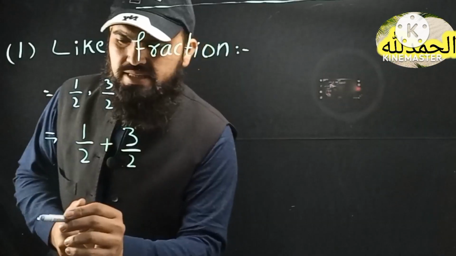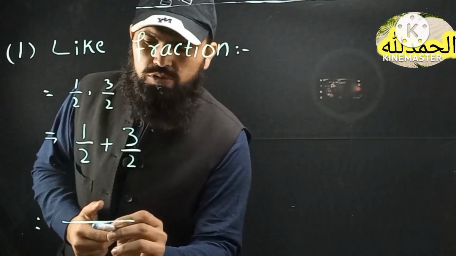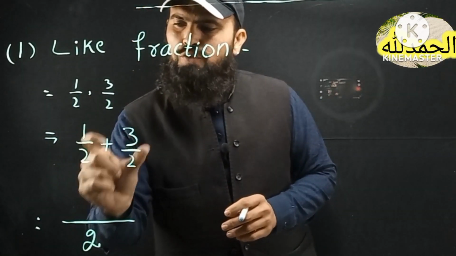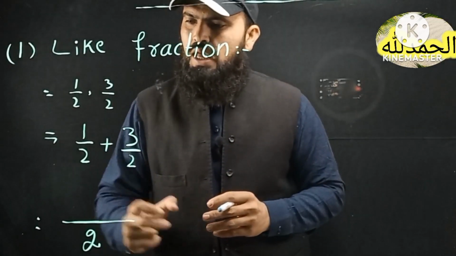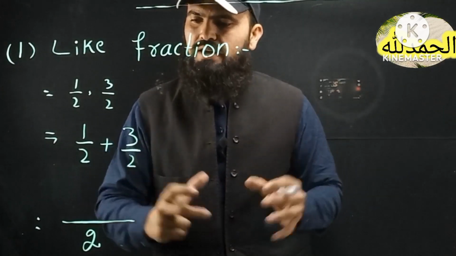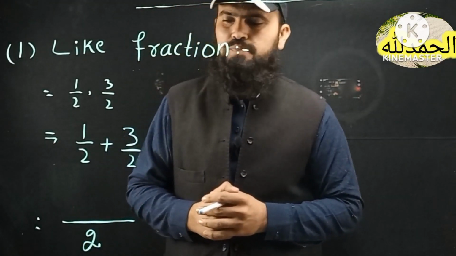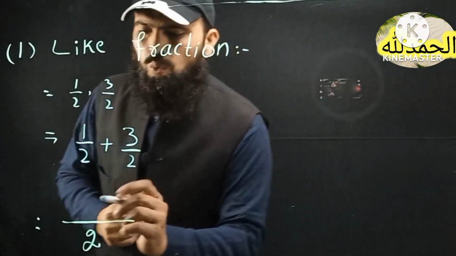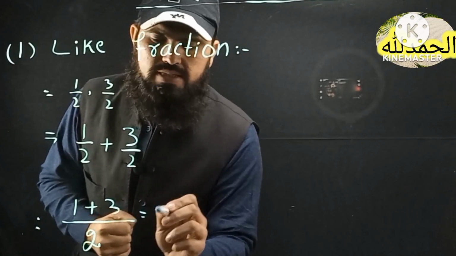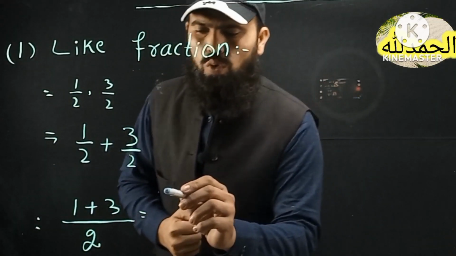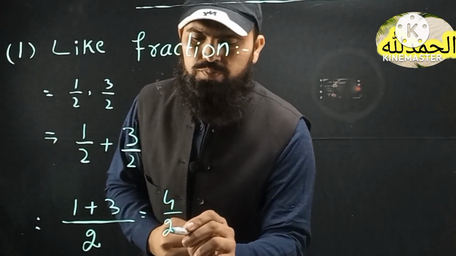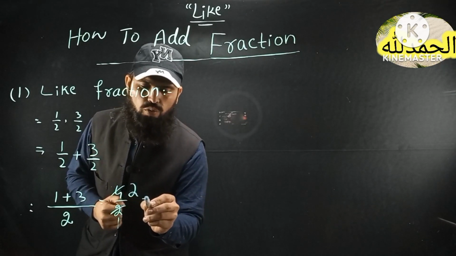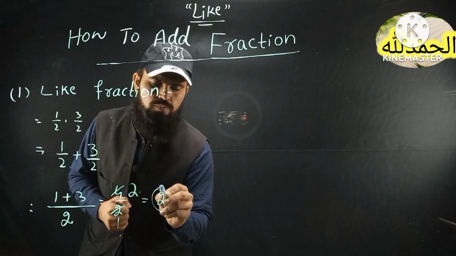So the LCM here is 2, because the denominators of both fractions are the same, and we take one denominator as the LCM. Then the numerators are added with each other: 1 plus 3 is 4. 4 divided by 2: 2 ones are 2, and 2 twos are 4. So the answer is 2.